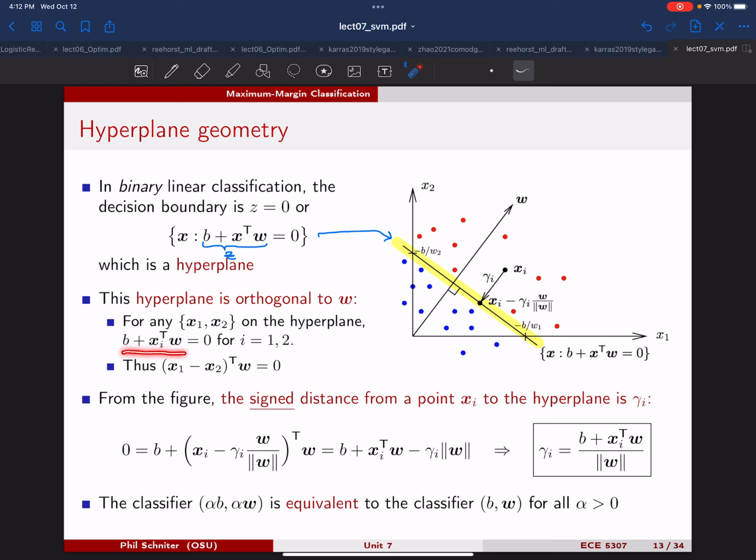And we know that for each of the points, x1 and x2 on that line, this equation holds true. Then we subtracted those two equations from each other. The b's canceled out, and we got this. So this tells us that x1 minus x2, which is something parallel to this line, is orthogonal to w, since an inner product of 0 means it's orthogonal. So we get this right angle.